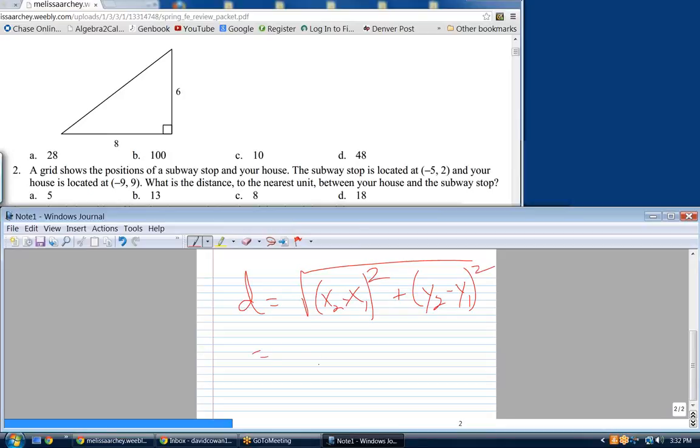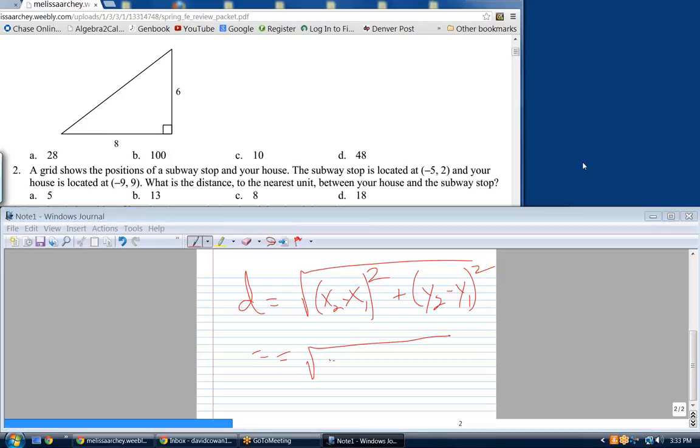That comes to... What's the first one? The first x value, -9. Okay, what's the delta x value? In other words, what's the difference between the two values? 4.